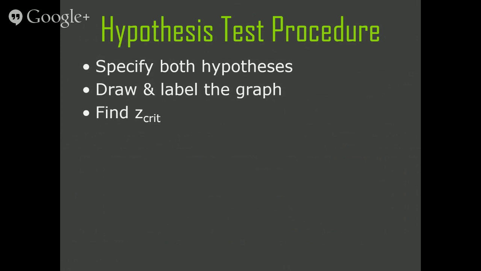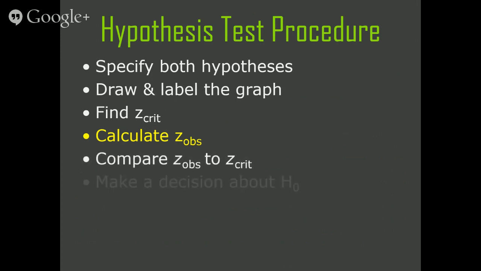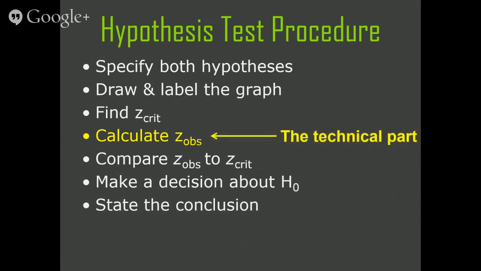But when we're doing things by hand, it really reduces our workload, and it also helps us conceptualize what's going on a little better, to find our critical statistic and then calculate the observed statistic, so the z-score that goes with the actual difference between means versus the z-score that we need to beat for a difference between means. We compare the observed to the critical, we make a decision about the null hypothesis, and then we state our conclusion.